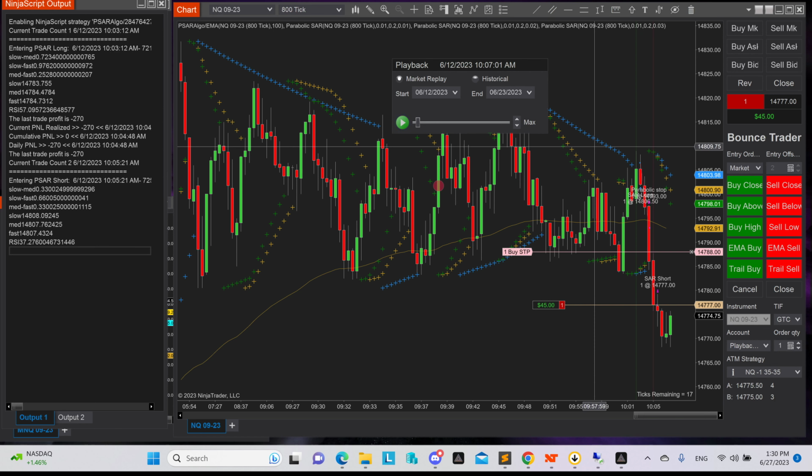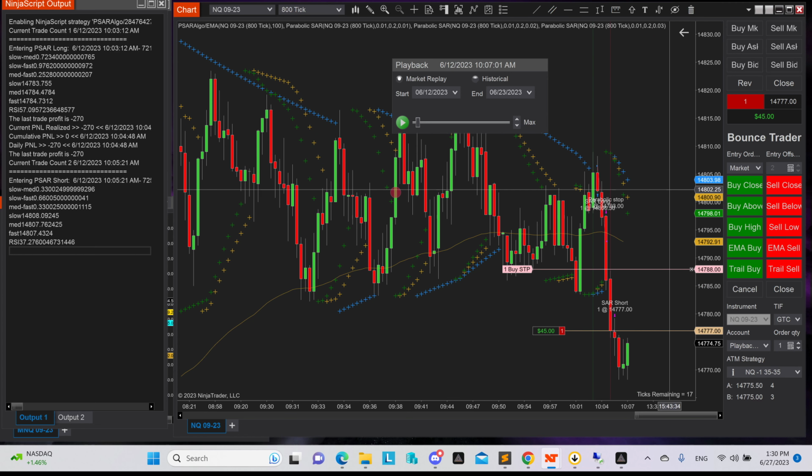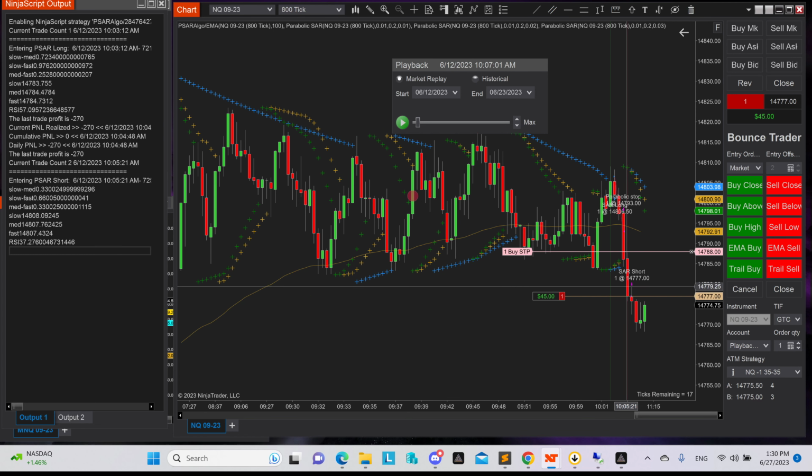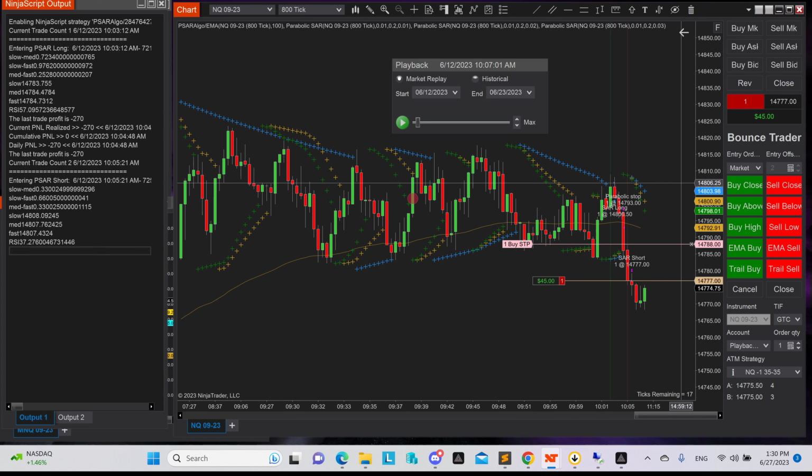Oops. So here it is. It plotted these vertical lines, but then it immediately went against the price. So let's just skip this first trade and look at the second one. It opened on this bar right here, and the signal bar was this vertical red line, right?